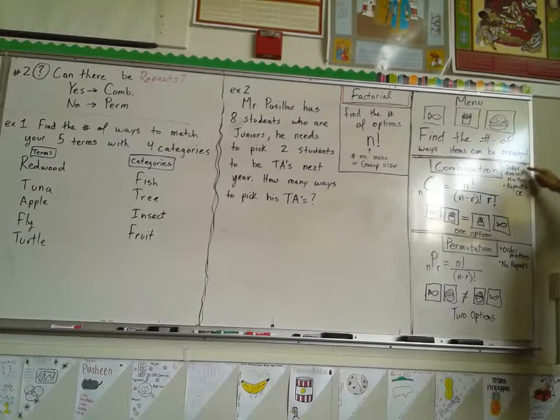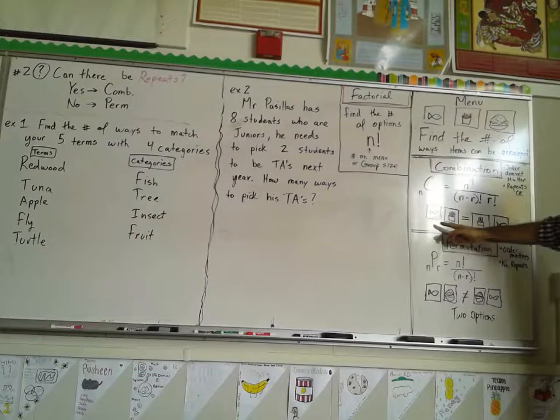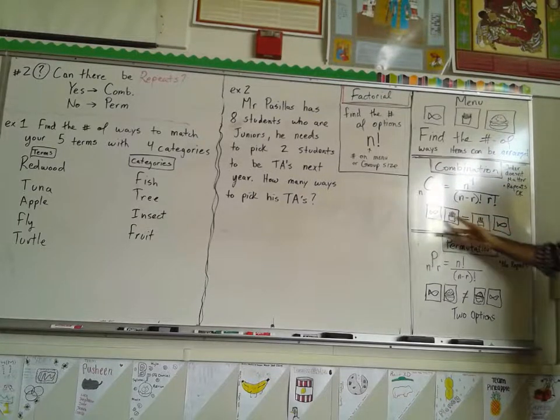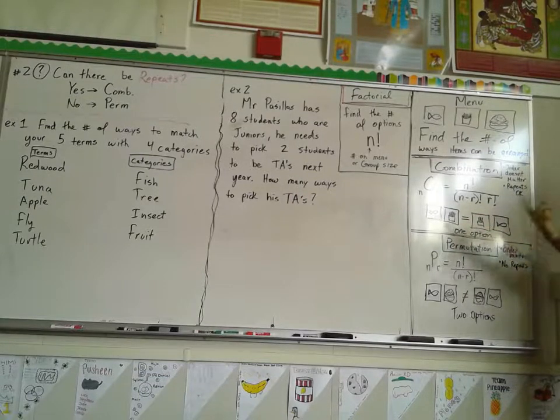Order doesn't matter. Repeats are okay. So if I end up ordering 2 things, and one's a fish and fries versus fries and fish, that's only counted as one option. Fish and fries or fries and fish, that's just one option because repeats are okay and order doesn't matter. I'm not going to count that as 2 different options.